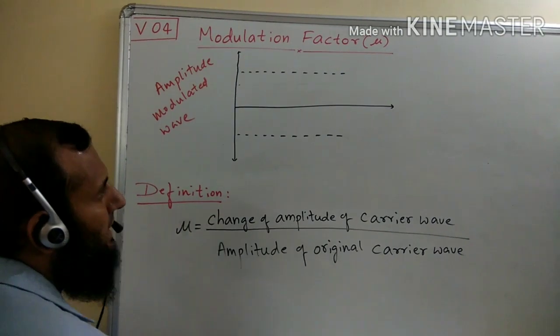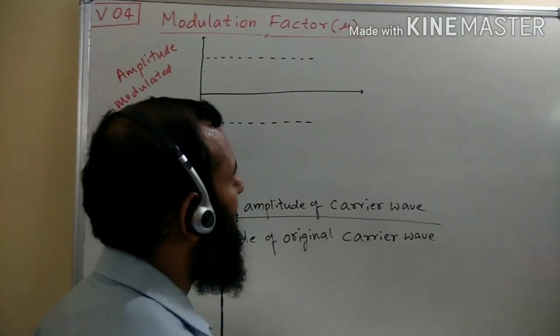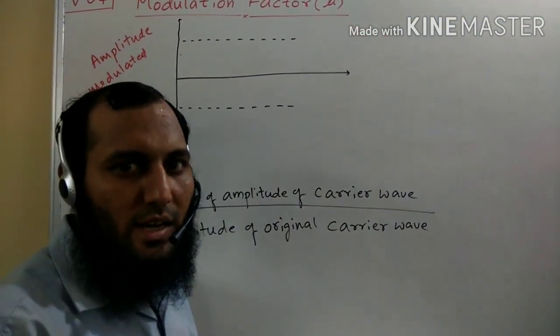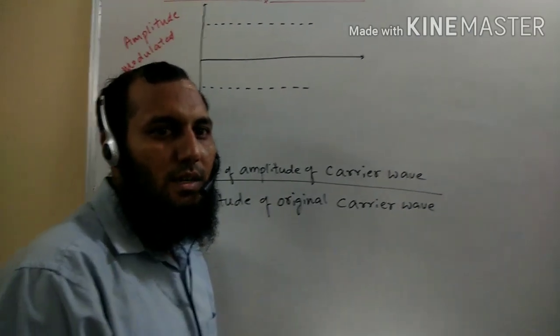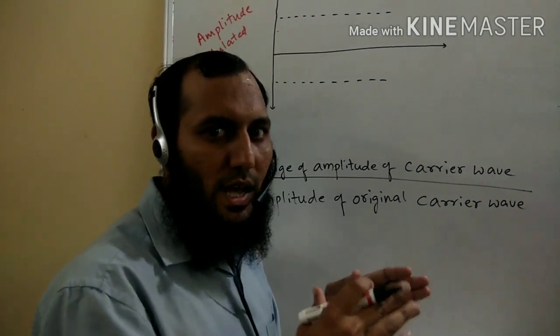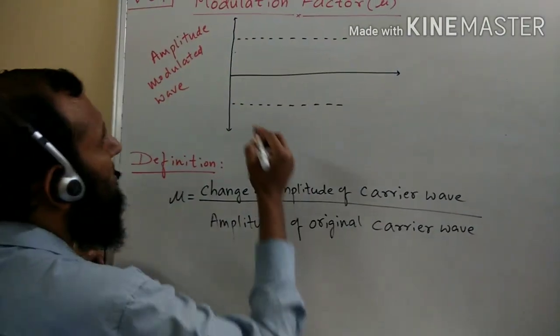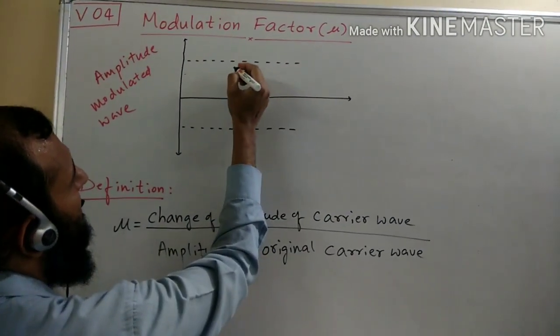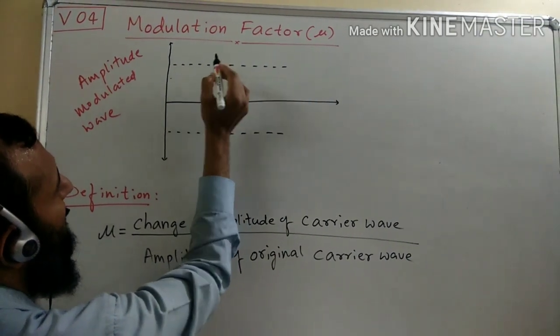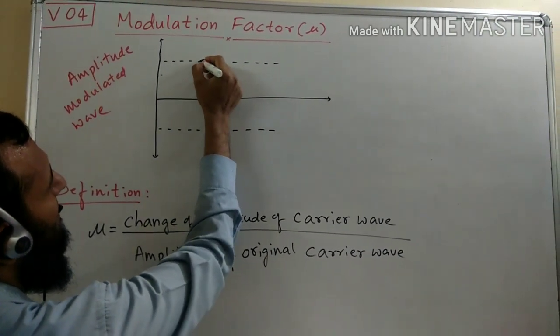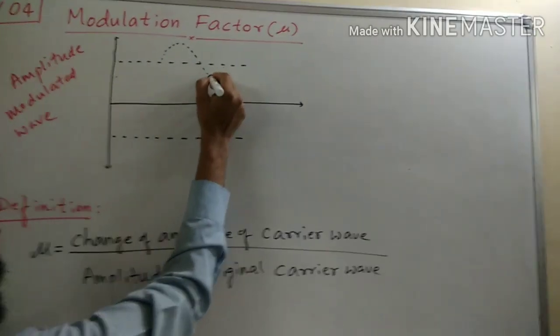Now we have to draw the envelope of the amplitude modulated wave. To draw the envelope, we have to refer to the message signal. The envelope of the amplitude modulated wave is nothing but the message signal. So let us say that the message signal has started from this point. This is the message signal.